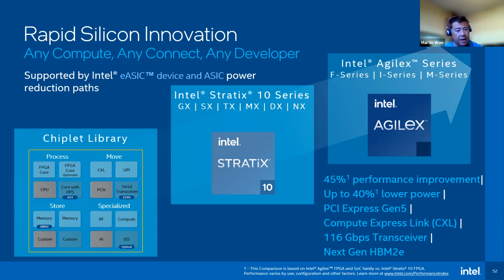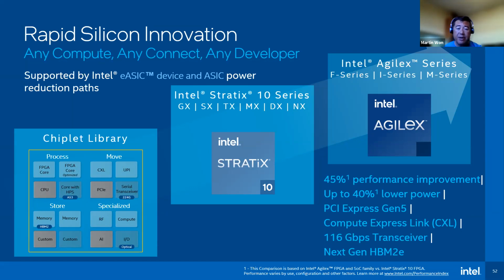And by assembling various combinations of these chiplets into a single component using advanced packaging techniques, we have built all the members of our Stratix 10 series shown in the middle there, and also our latest FPGAs, the Agilex series, shown in the upper right.